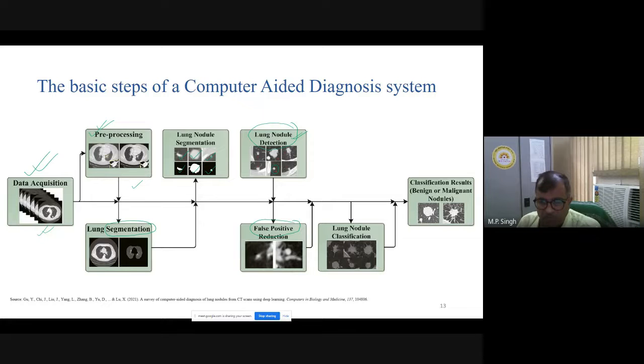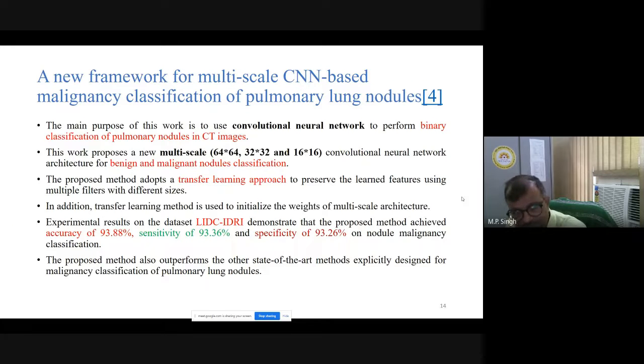We want to reduce this false positive rate so that we can get better accuracy from the computer-aided diagnosis system. And once the nodule is detected, the next step is to classify it as either benign or malignant. So these are the basic steps of any computer-aided diagnosis system.